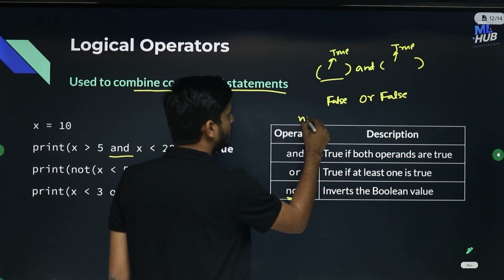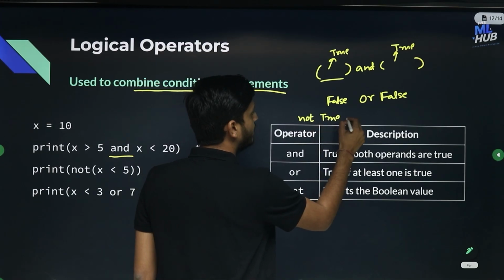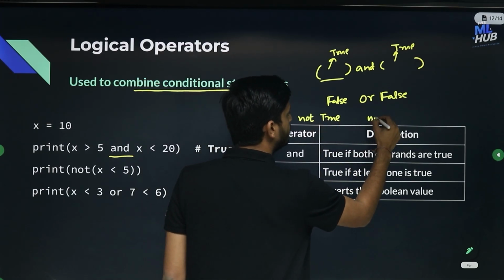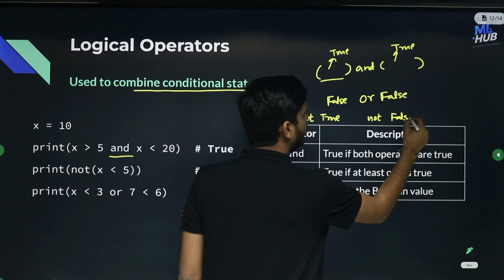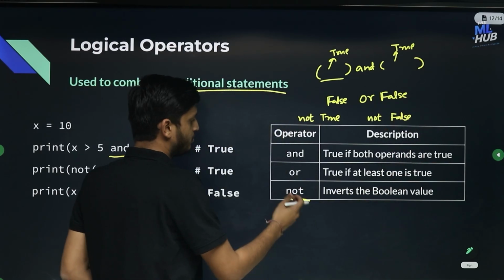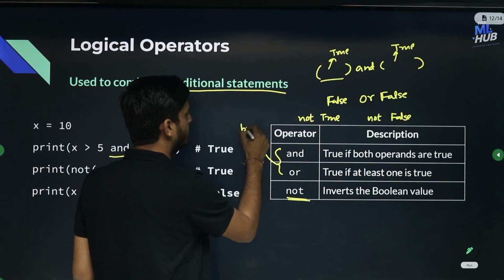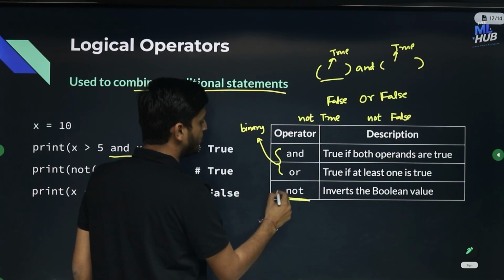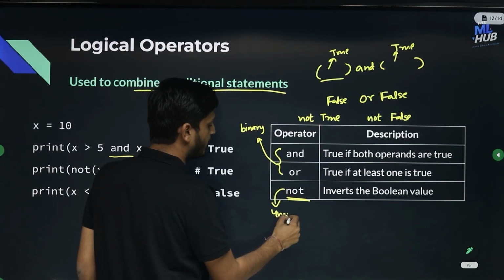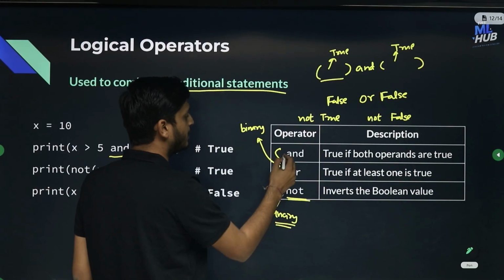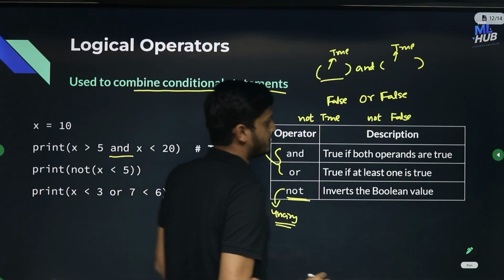So if you write not true, it will give you false. If you write not false, it will give you true. Okay, so not will invert. So these two are binary operators because they require two operands, and this is a unary operator because it requires only one operand. So not is a unary operator, and and or are binary operators.